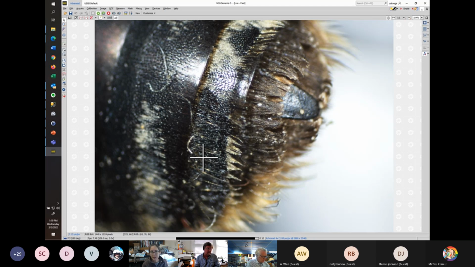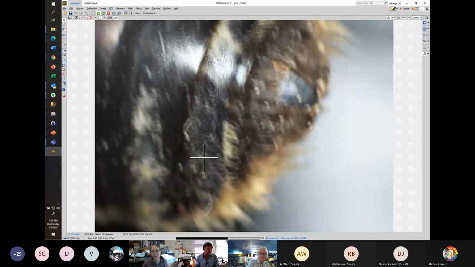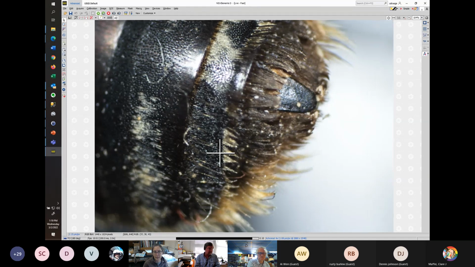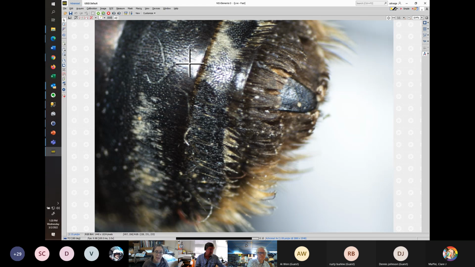So the picture that you have up right now is good because it shows the pitting really nicely. I think that's on T3 there. You can see that there's an apical band across the entire edge, regardless of whether or not it has hair, that is unpitted. And how wide that little strip is on both T1, T2, and T3 is quite important.